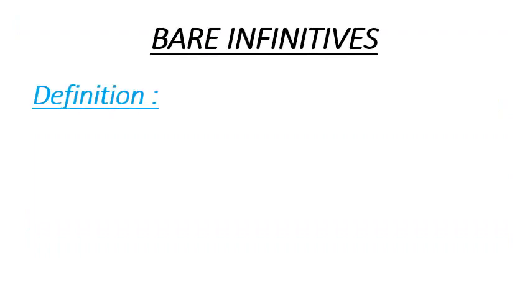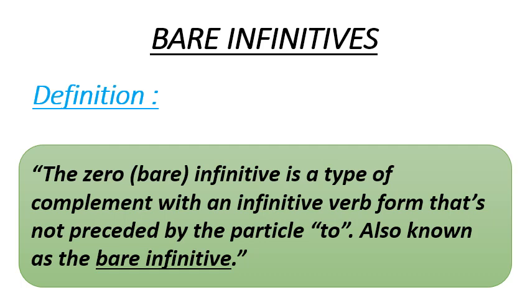So let's see what is the meaning of bare infinitives. The zero or bare infinitive is a type of complement with an infinitive verb form that is not preceded by the particle to. In a simple way, we can say that the infinitive form of a verb without the word to, the infinitive verb which does not have the particle to, is called the bare infinitive.